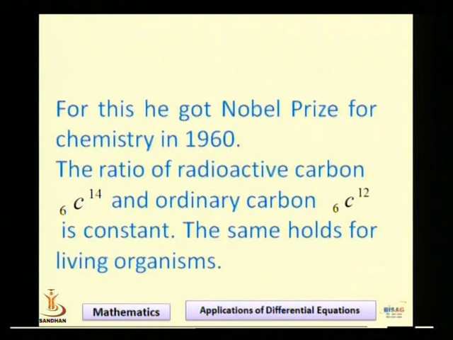And actually for this he got the Nobel Prize for chemistry in 1960. The method is this: the ratio of radioactive carbon 6C14 and ordinary carbon 6C12 is a constant. In the living organism also, this ratio will be a constant.